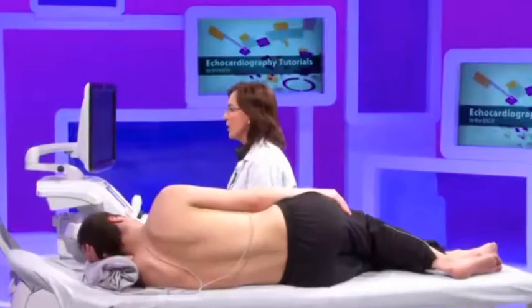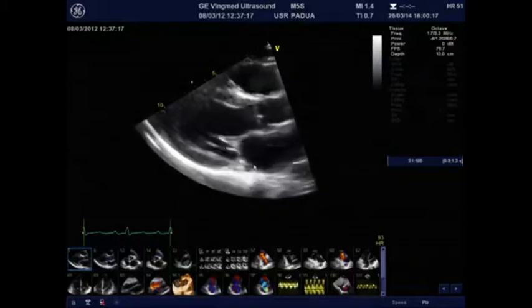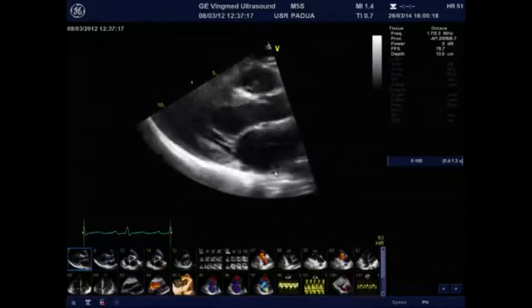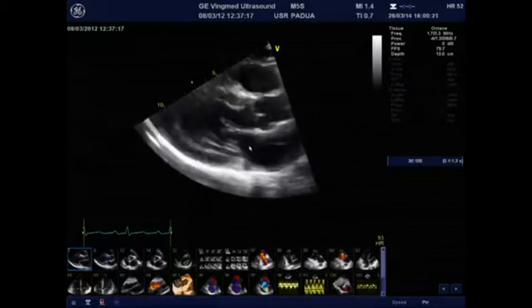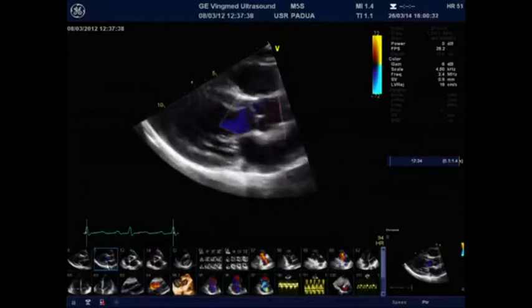There is a normal left ventricle with a good radial shortening, and also the left-sided valves, the aorta and the mitral valve, look quite normal.